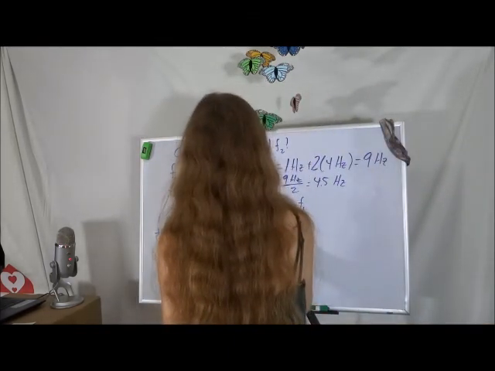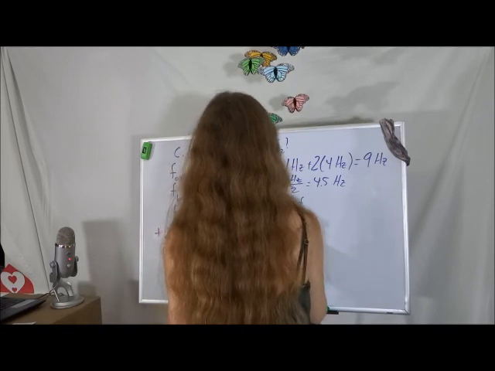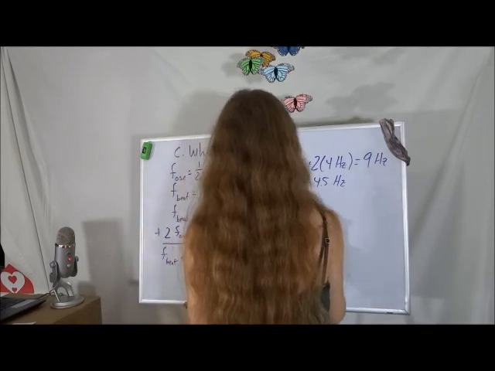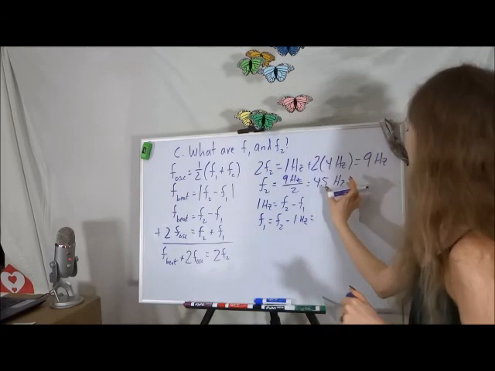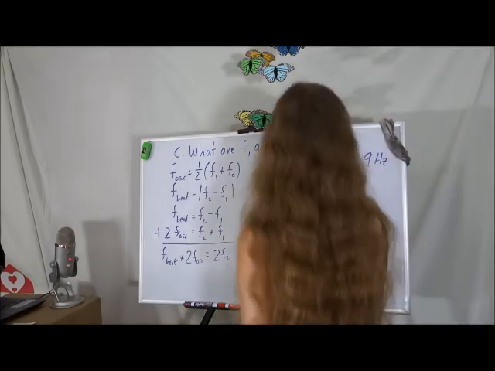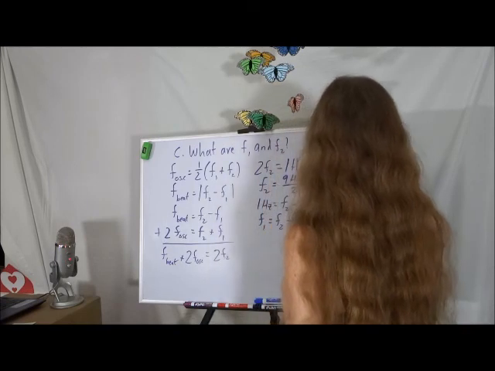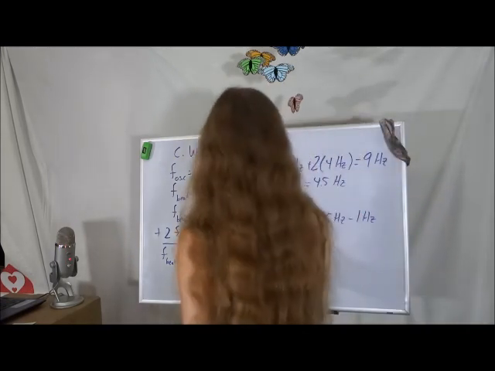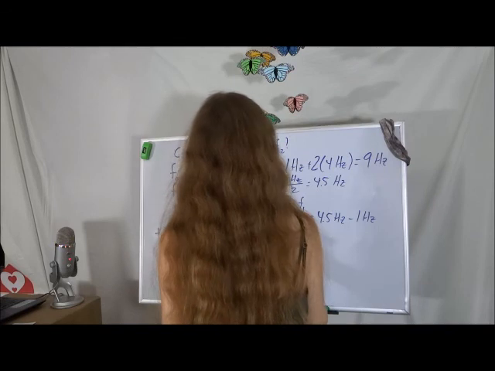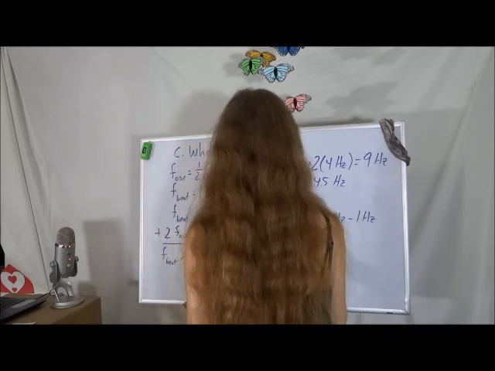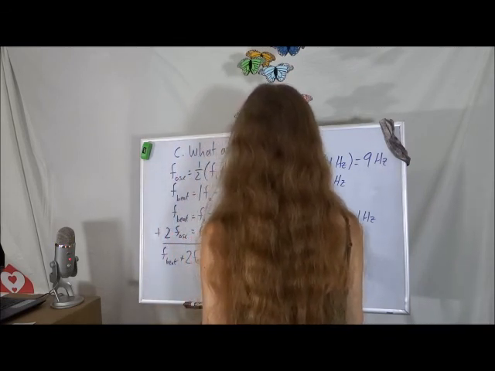So we're going to have F1 is equal to F2 minus 1 hertz. And then let's substitute in what F2 is now. So this is going to be 4.5 hertz minus 1 hertz. So we're going to be left with F1 is equal to 3.5 hertz.